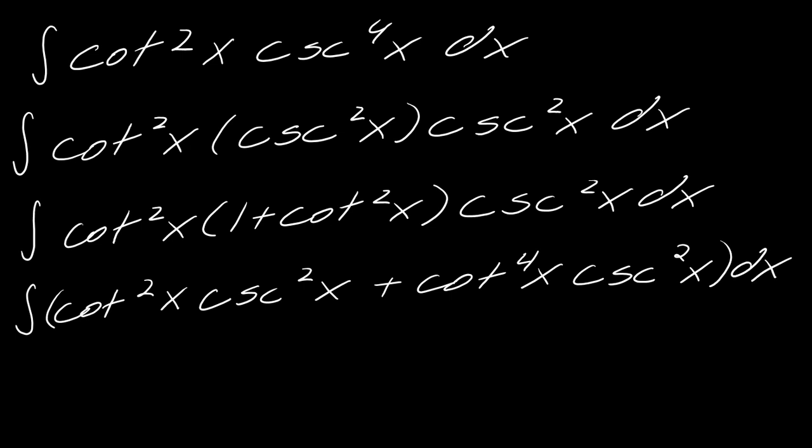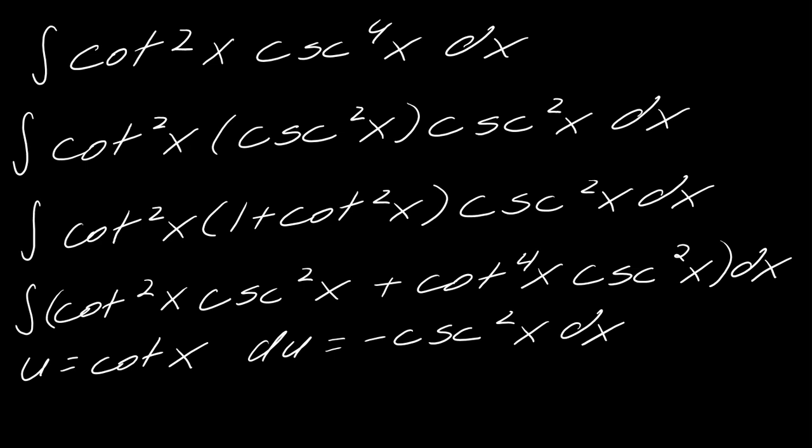Cool. So now my u can just be cotangent. Remember, the derivative of cotangent is negative cosecant squared. So this will be negative cosecant squared x. So I'll rewrite this as negative du equals cosecant squared x dx.